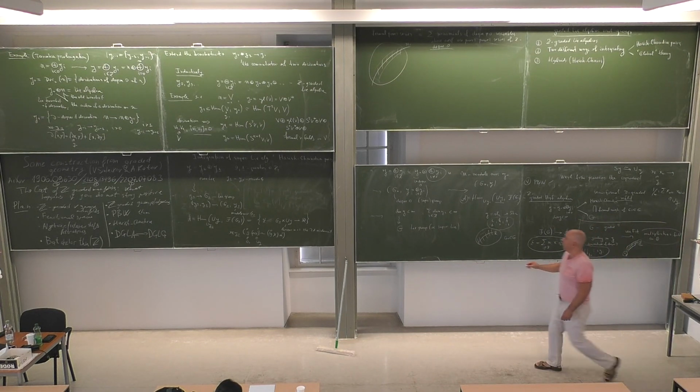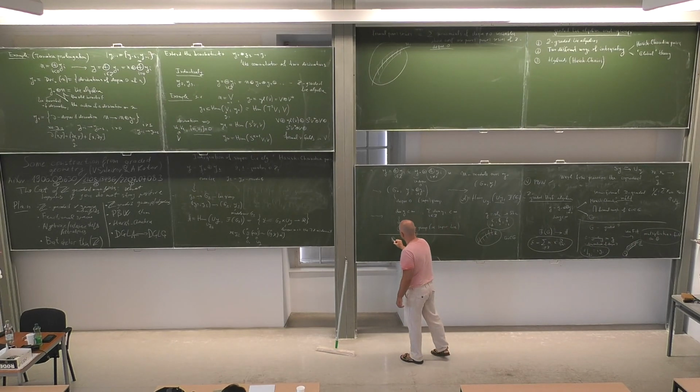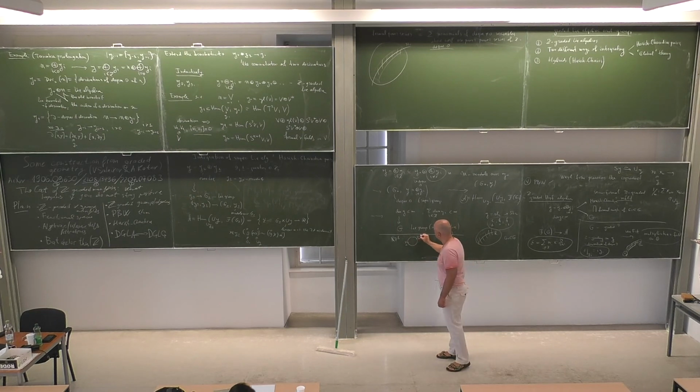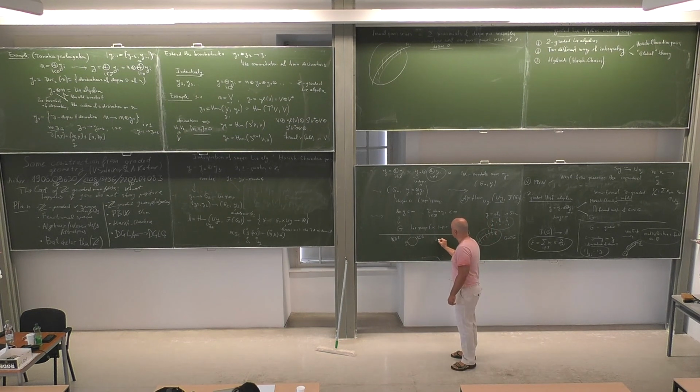So let's take, for instance, RP1, which is just a circle with 0 and infinity, right? And here, suppose we have the coordinate x, and here the coordinate y, which is 1 over x. Okay? And now let's take the vector field, which in homogeneous coordinates is written as follows: z0 d by dz0 minus z1 d by dz1.